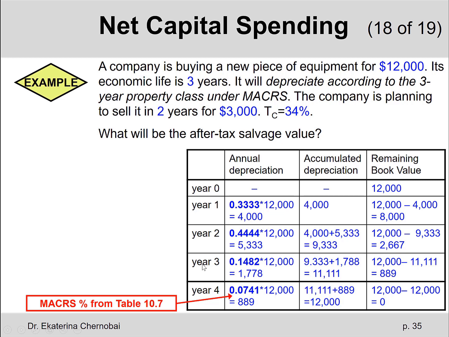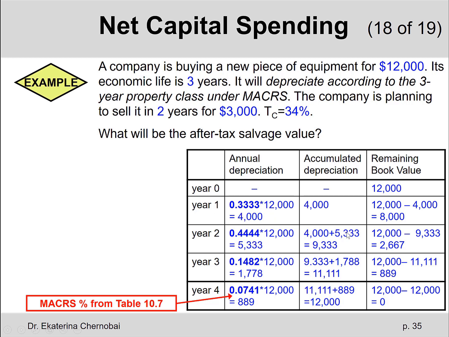We don't really need to go all the way through year 3 and 4. We can actually only do years 1 and 2, because at the end of the second year, this equipment would be sold, right? So what do we need to calculate after finding the annual depreciations for years 1 and 2?